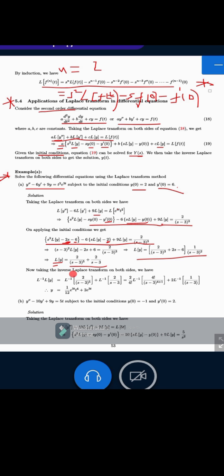So by taking the Laplace inverse times Laplace, the L inverse times L is simply 1. So whatever you're having here, it is simply 1.